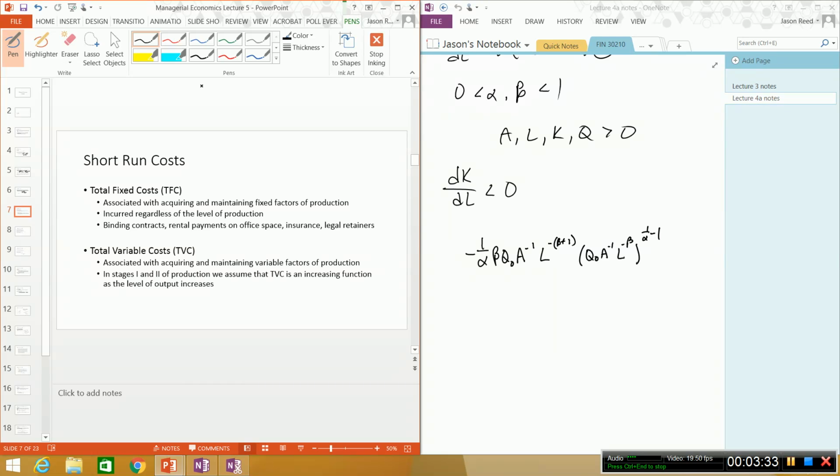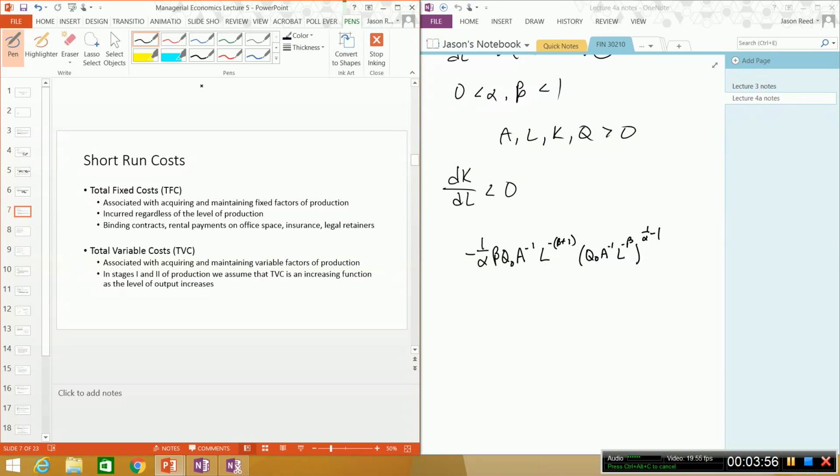Generally, we like to think they might be binding contracts in some way: rental payments on office space, insurance, legal retainers. Anything that you pay for regardless of what you produce is going to be a fixed cost, whereas total variable costs are associated with acquiring and maintaining variable factors of production.